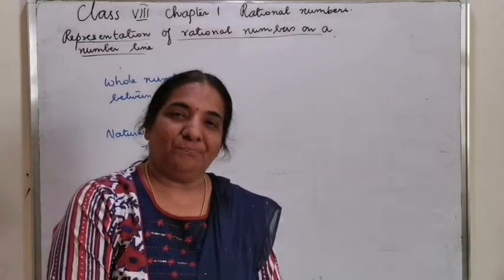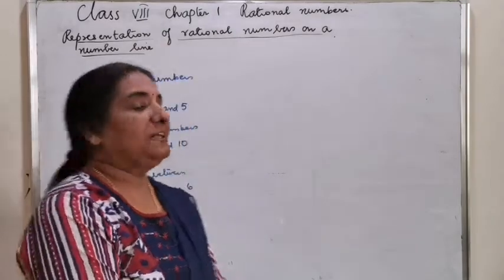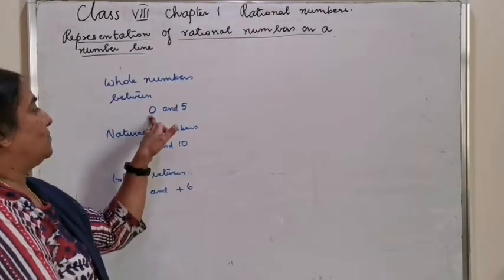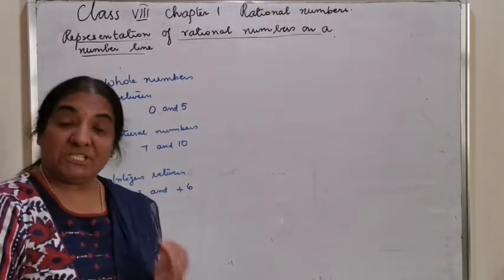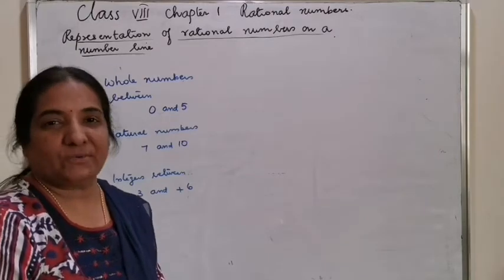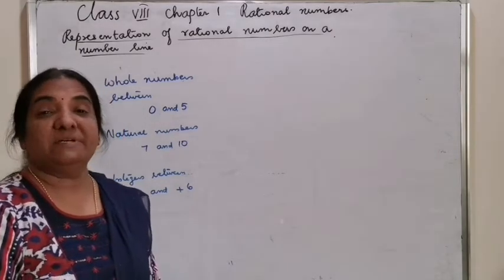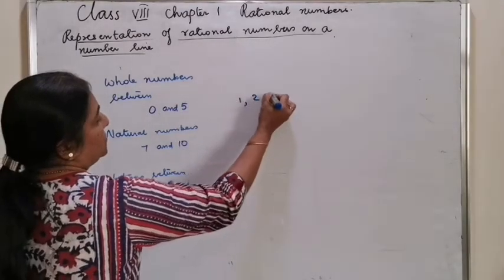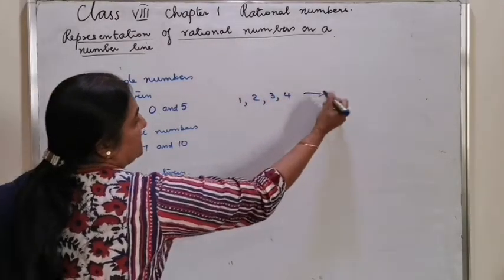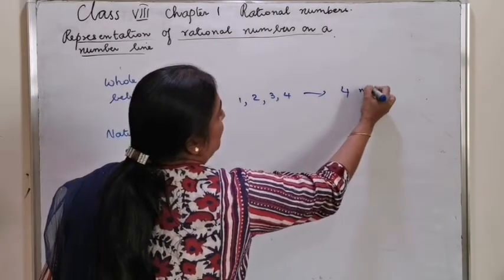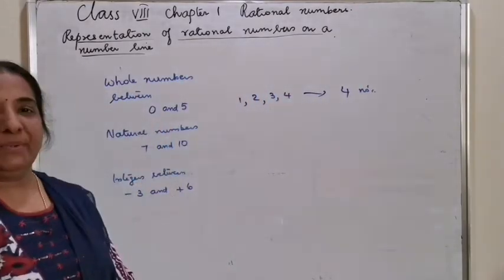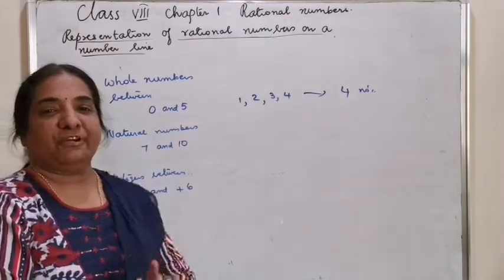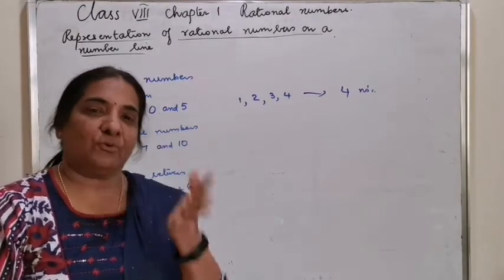Let me ask you, how many whole numbers between 0 and 5? Between does not include 0 and 5. How many whole numbers are there between 0 and 5? It is 1, 2, 3, 4. That means there are 4 whole numbers between 0 and 5. 1, 2, 3, 4.